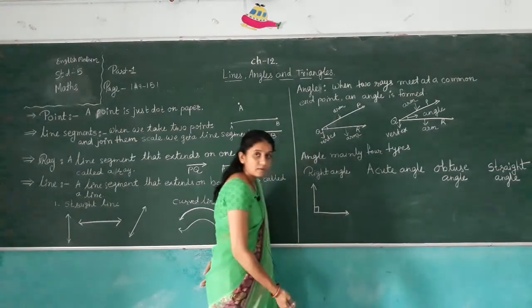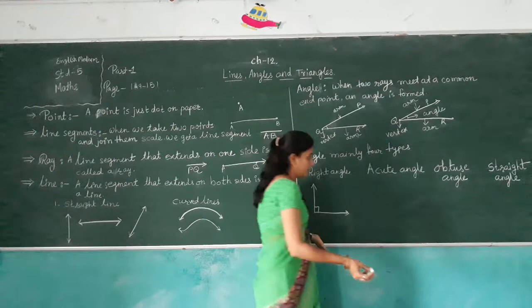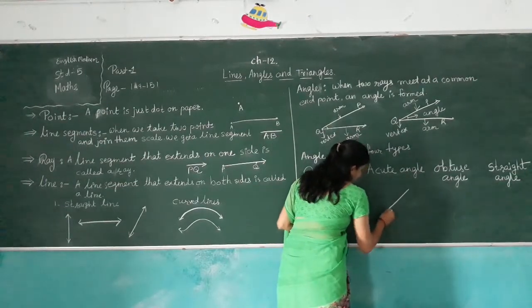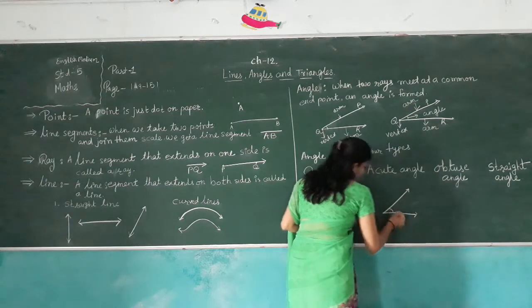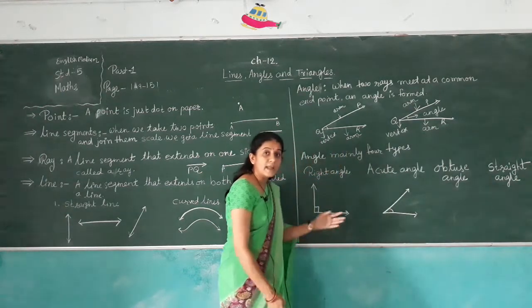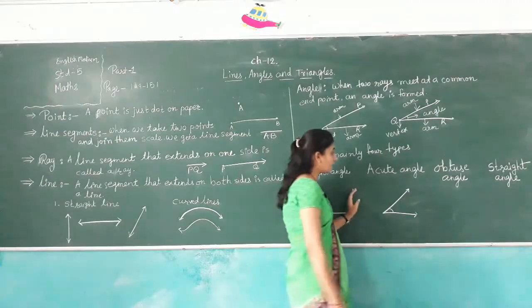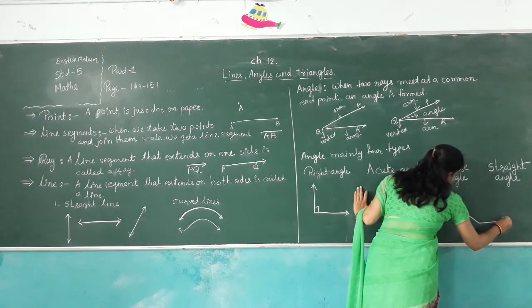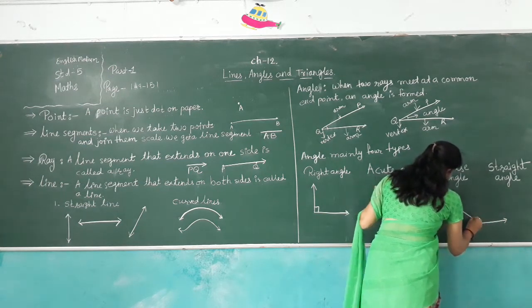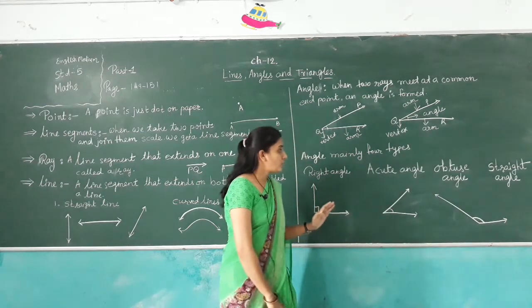Acute angle. Acute angle means what? Less than right angle. An angle less than a right angle is called acute angle. Obtuse angle: an angle greater than a right angle is called obtuse angle.